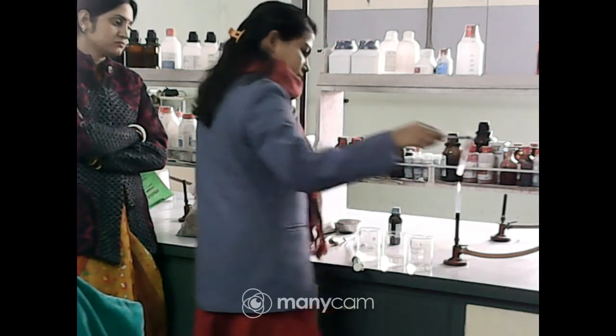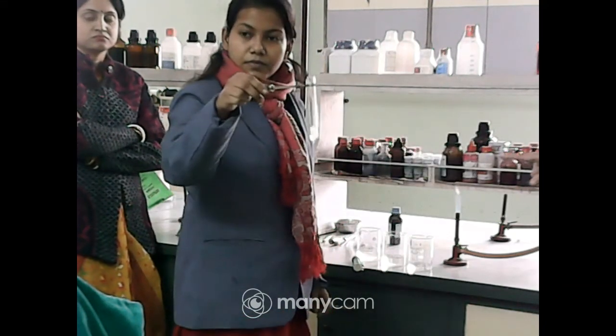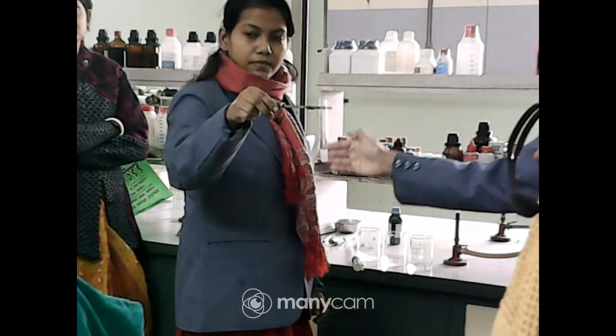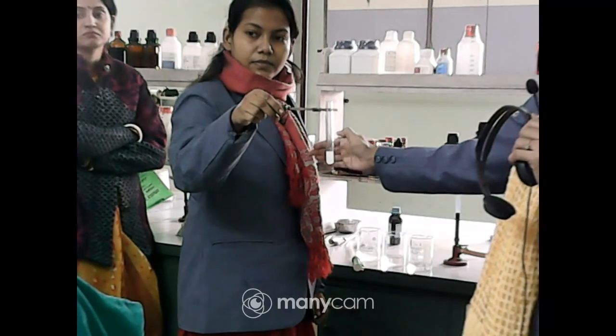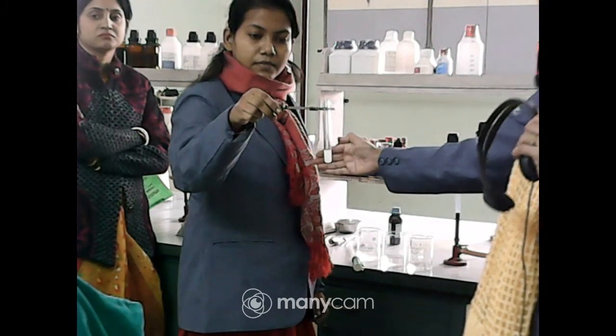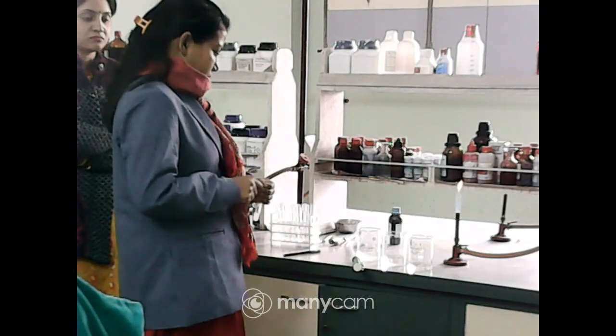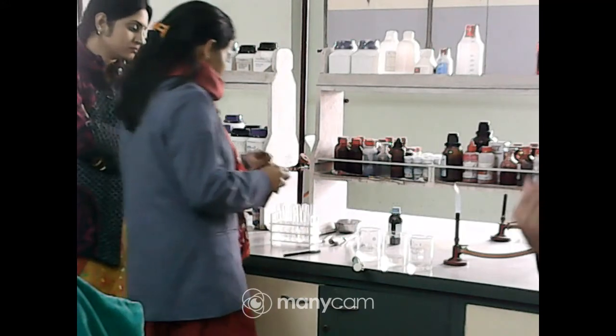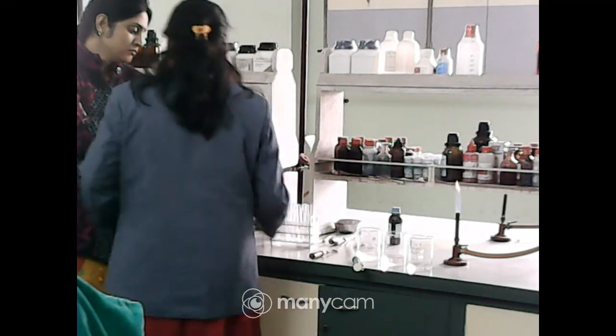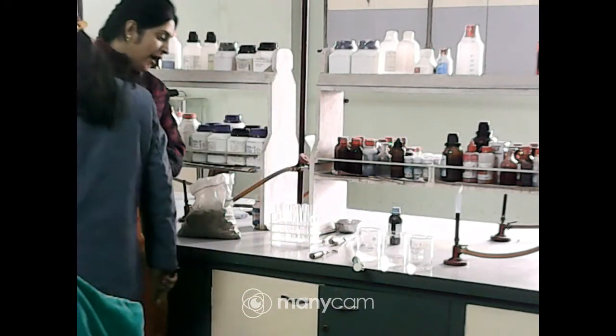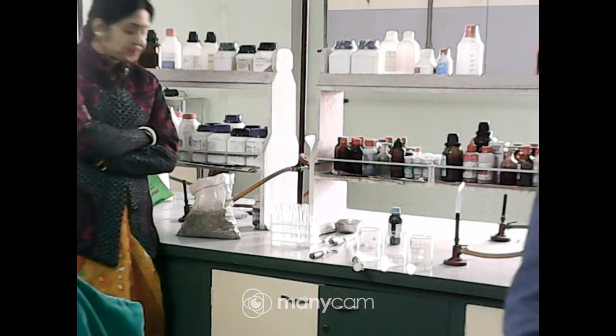That is indicating the positive result. So this means that this is the positive test for albumin. Now what will be the conclusion? That in the sulfosalicylic test, the whitish or cloudy turbidity shows the presence of albumin in the urine.